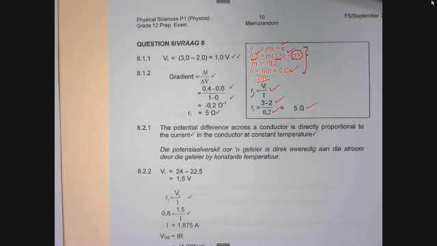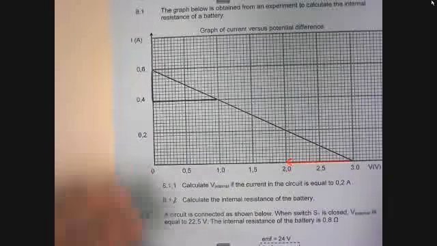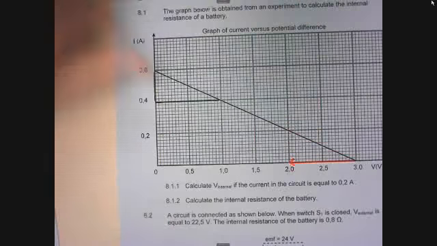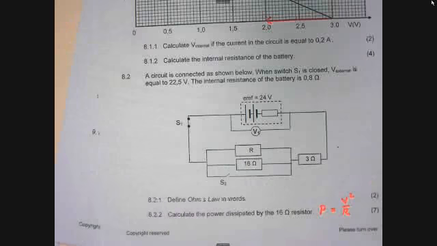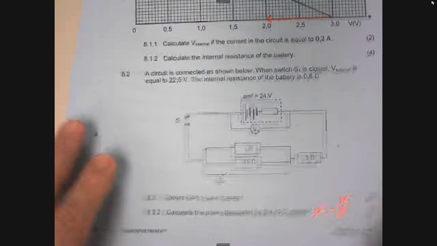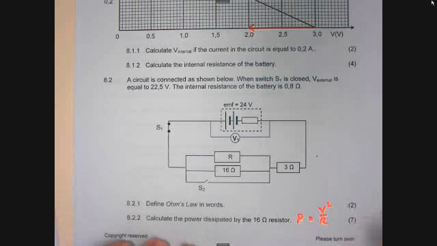Then moving to question 8.2, and that's a question on the circuit diagram given. A circuit is connected as shown below.